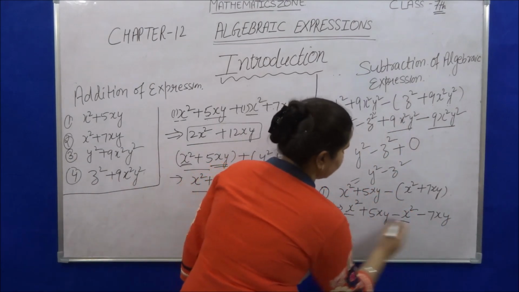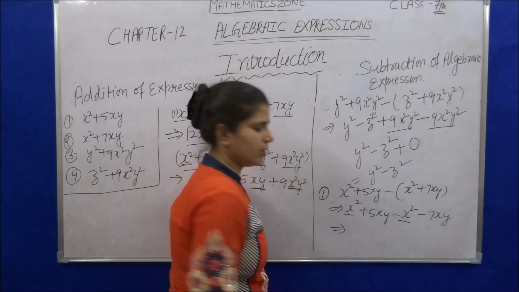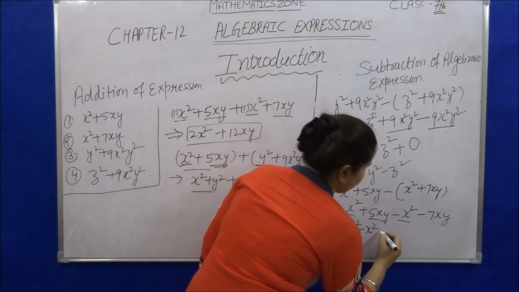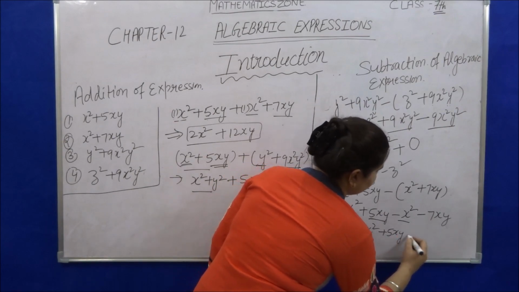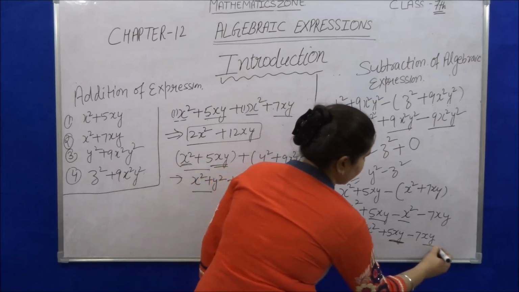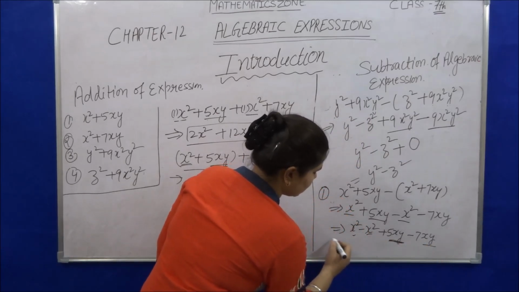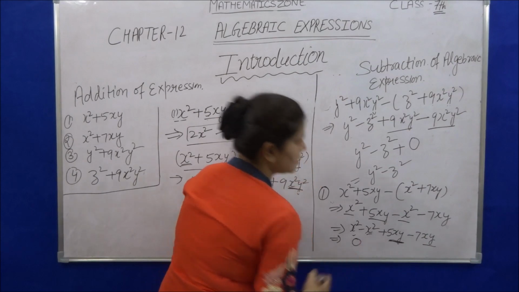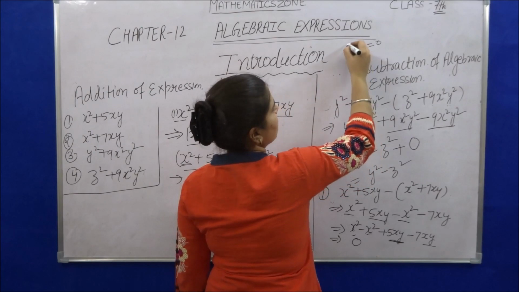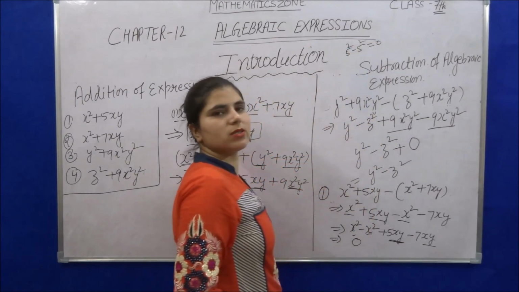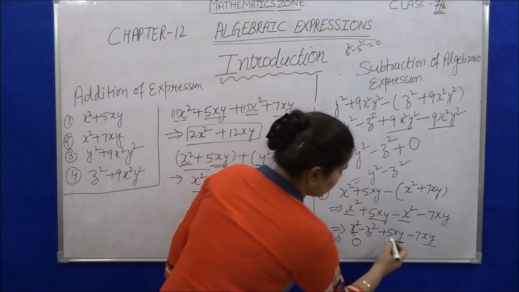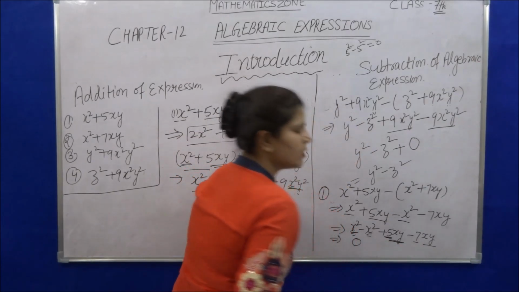Now here x square and x square are like terms. So x square minus x square will be 0. 5xy with a positive sign and 7xy with a negative sign are also like terms. Now 5 minus 7 will be minus 2.